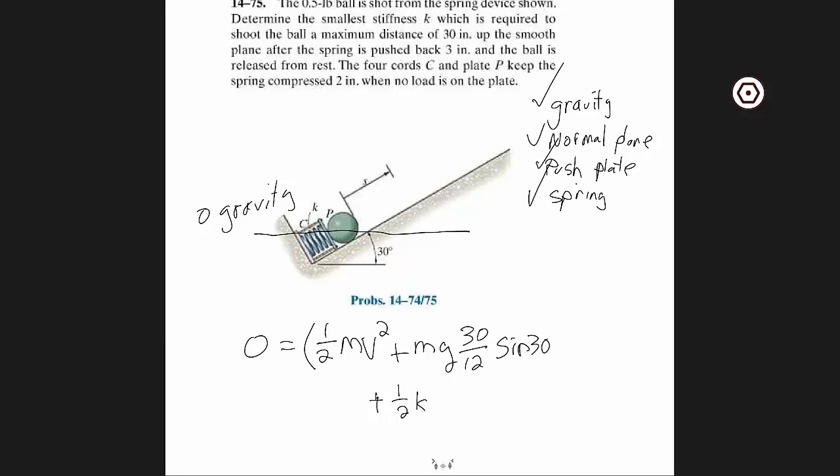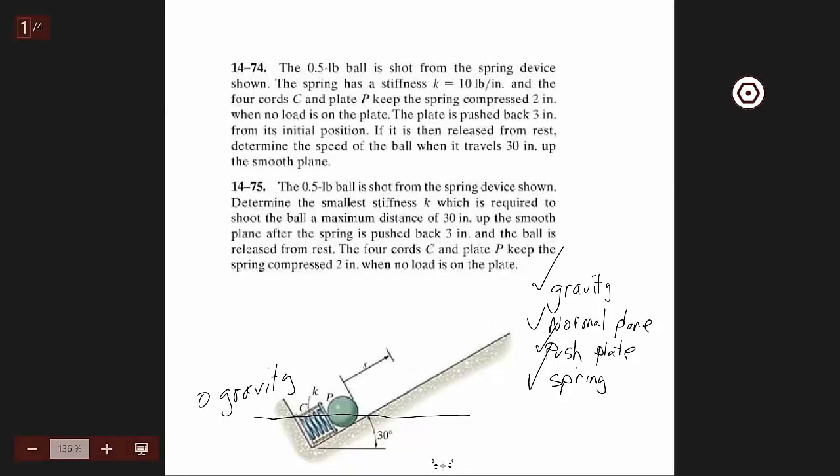Well, we have to read carefully because they told us. They say that the strings pull him back 2 inches when there's no load, right? So if the strings were not there, he would be a certain length. The strings pull him back 2 inches. So isn't the squish 2 inches?